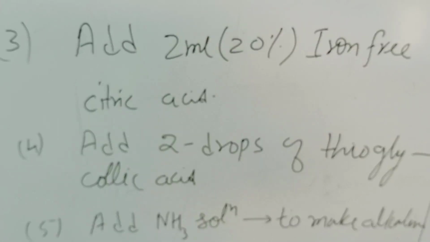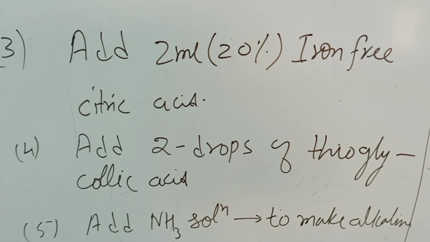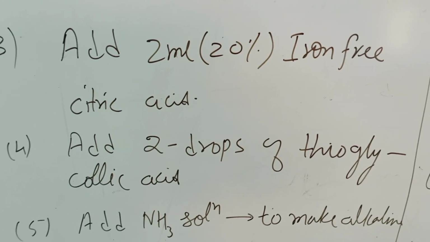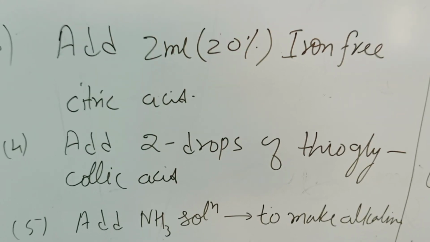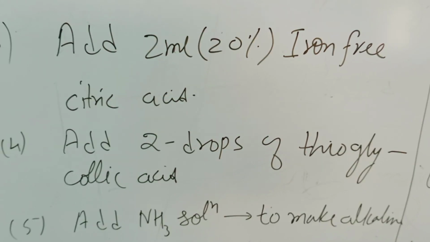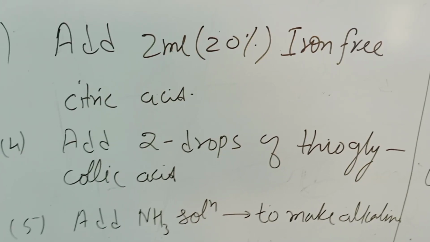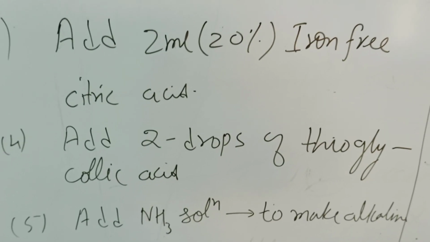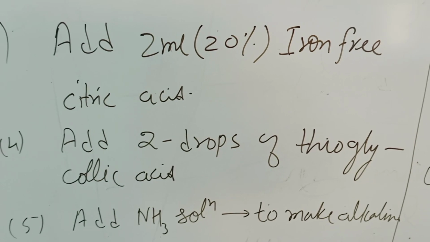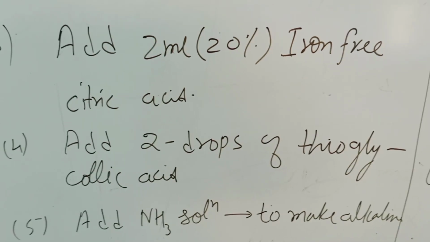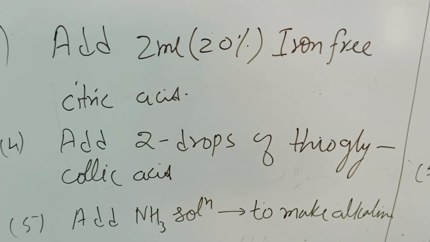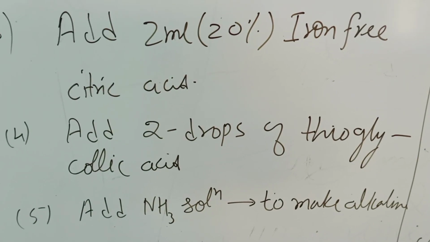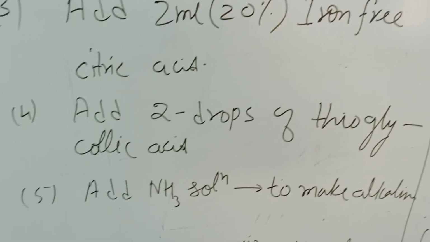After each transfer we have to check qualitatively with the help of a litmus paper whether our pH is increasing or not. The purpose of the ammonia here is just to increase the pH of the solution, that is, to make the solution alkaline.